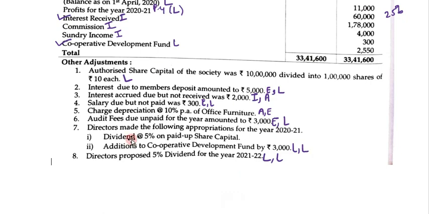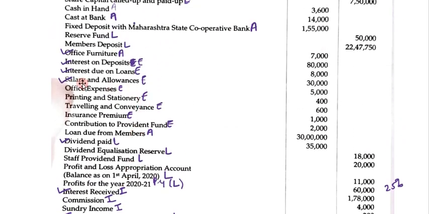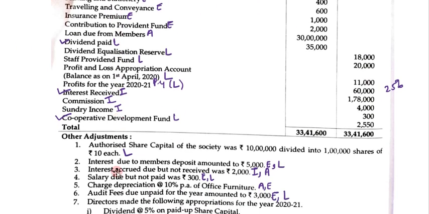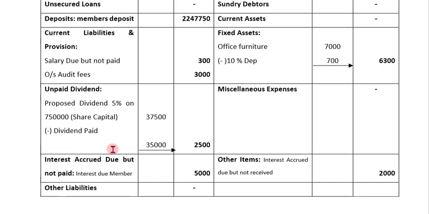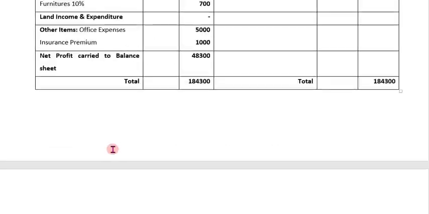Now next is salary and allowances 30,000 rupees. On salary we have adjustment. So salary due but not paid was 300 rupees. So first effect will come in expenditure side.